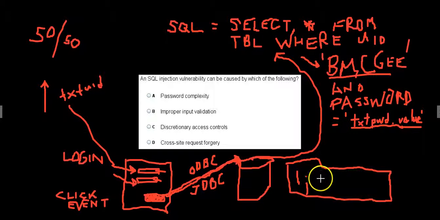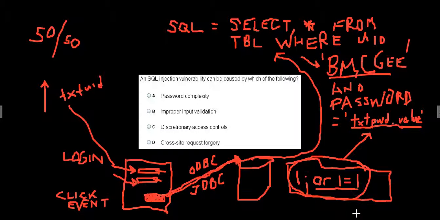And then you can say or 1 equals 1. And if you put that into the password here, this input now gets put into here. And how often does 1 equal 1? Well, let me just show you what happens. This tick, and yes, this is not a 1, so I apologize for that. I think if I erase it, it will erase it all. But this is a tick mark, so an apostrophe.